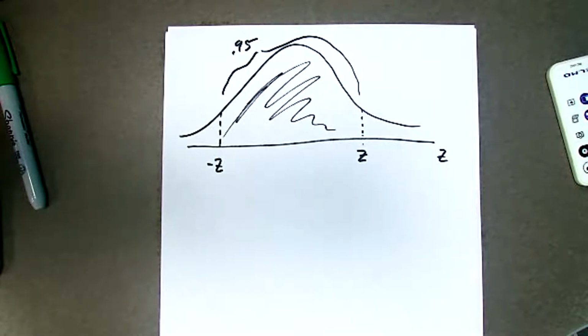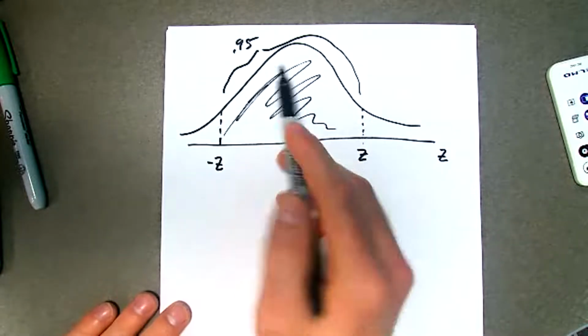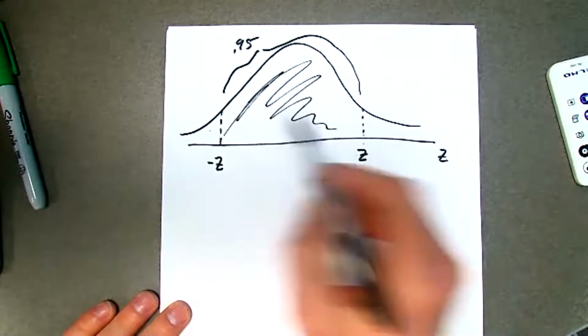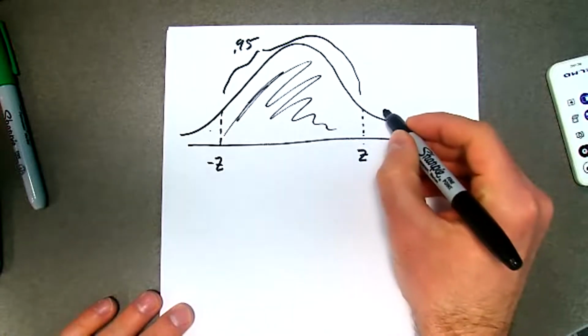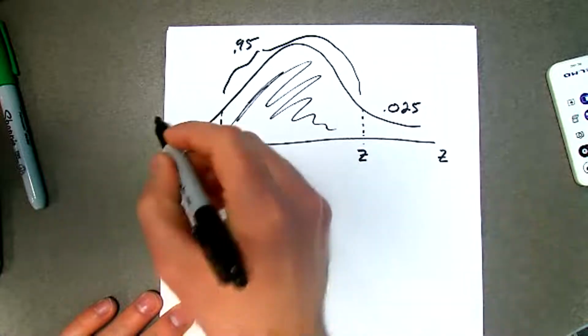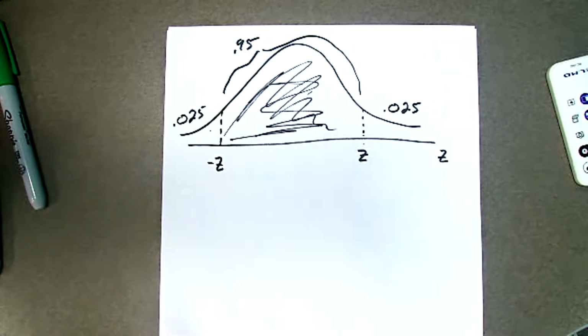Like there is a z-score that exists, right? I can try to figure this out. Well, if I have a symmetric distribution, then I know the area that's in the tails here would be 0.05. Or in each tail, I would have to have 0.025 in order to get 0.95 in the middle.